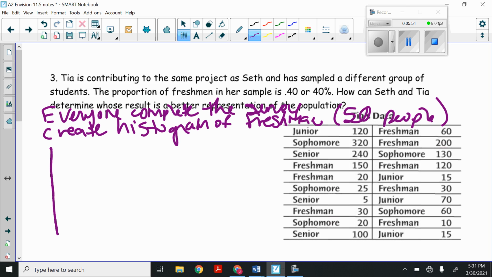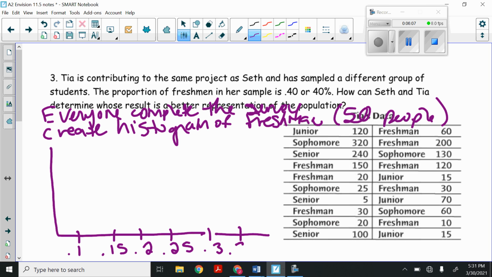So for the histogram, I'm going to go 0.1, 0.15, 0.2, 0.25, 0.3, 0.35, and 0.4. Then 2, 4, 6, 8, 10, 12, 14, 16. I'm just recreating the histogram that is shown in the book from the data from all 50 people.